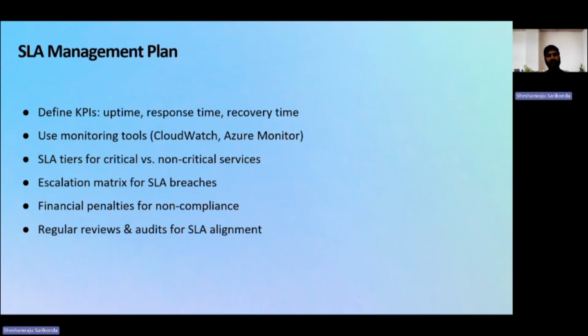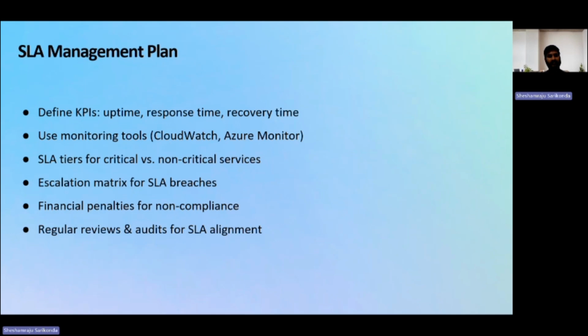SLAs, service level agreements, define the minimum service expectations between Tech Solutions and its cloud providers. We begin by setting key performance indicators, KPIs, like uptime, for example 99.99% for critical services, response time, and recovery time.